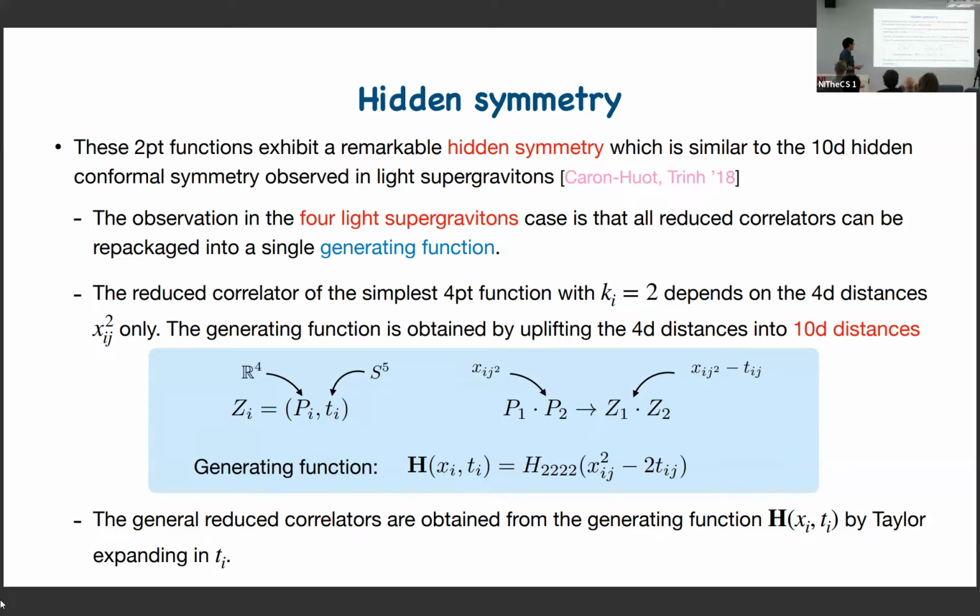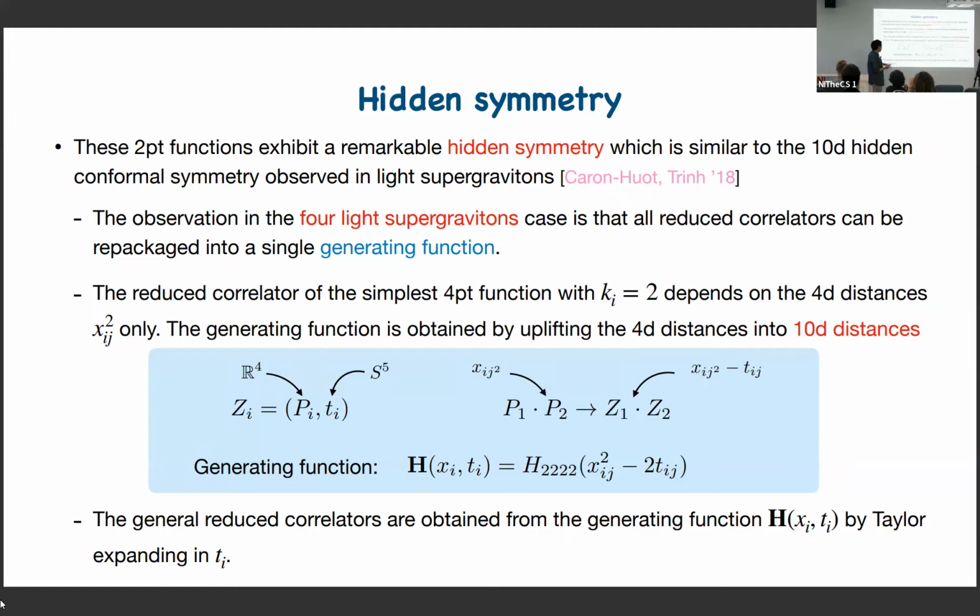So the trick to get a generating function is to replace the 4-dimensional distances on the boundary of AdS by the 10-dimensional distances. Essentially, you need to replace xij squared by xij squared minus 2tij. The meaning of this is just the distance in 10D.